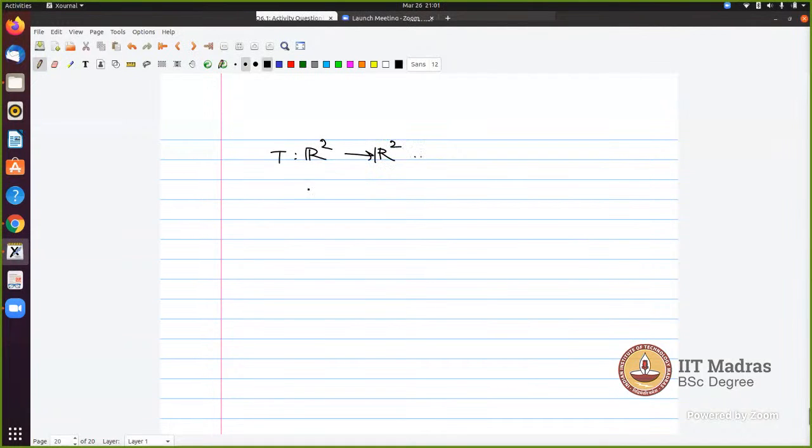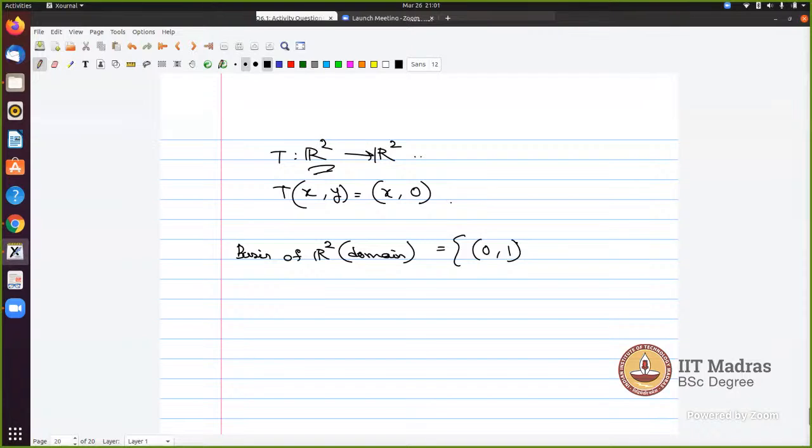I am giving you this linear transformation. Let's start with the basis of R2 for the domain. Let's take 1, 0 and 1, 1.